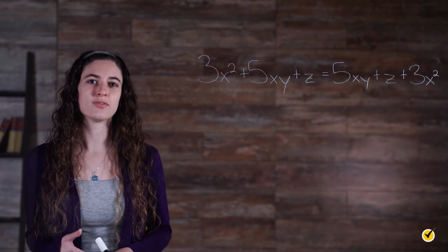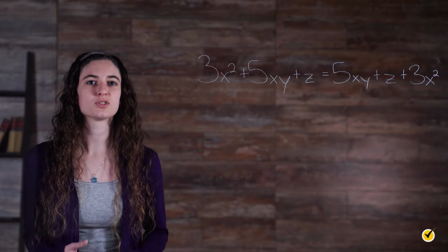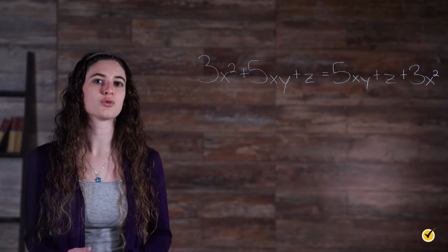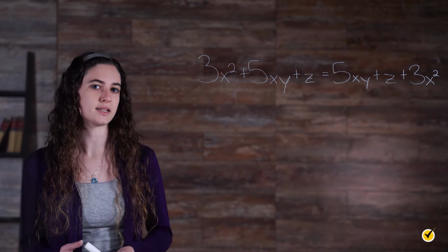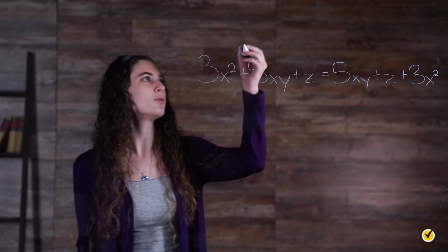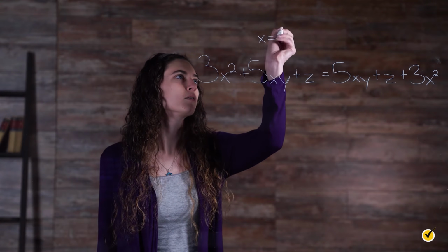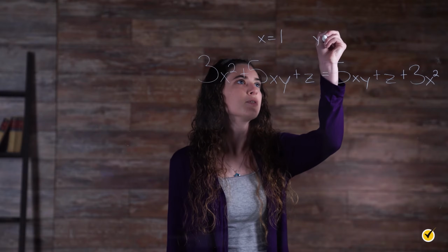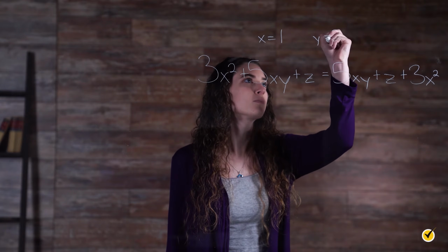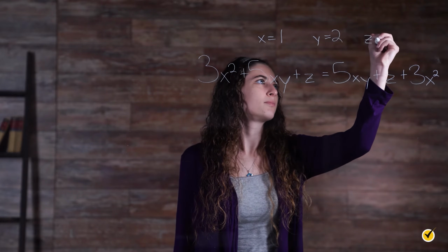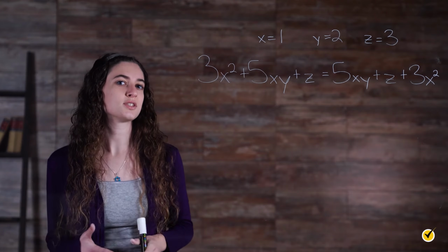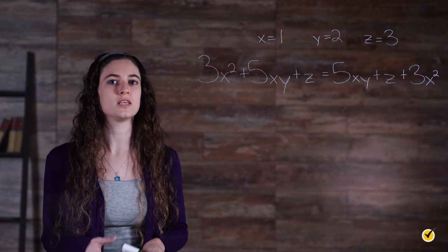Our final example involves the use of variables. Simply substitute values for the variables to show that rearranging terms is acceptable when adding and multiplying. Let's let x equal 1, y equal 2, and z equal 3. You could substitute with any values, but we'll use these three for now.